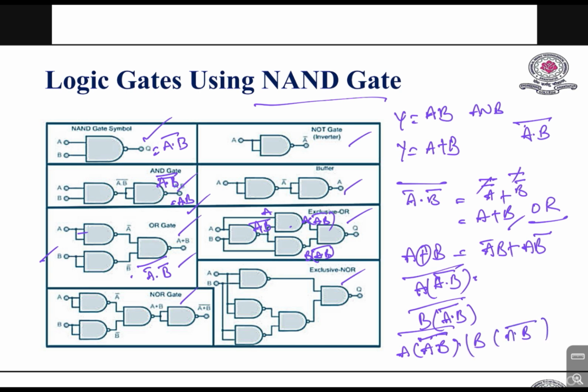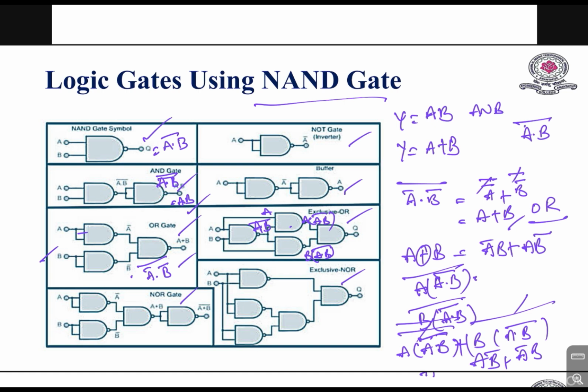If you perform like an AND operation, you will get plus, and again these two will get cancelled. And again by using Boolean expression like A B bar plus A bar B by simplifying this. How to simplify that Boolean expression we'll discuss later.